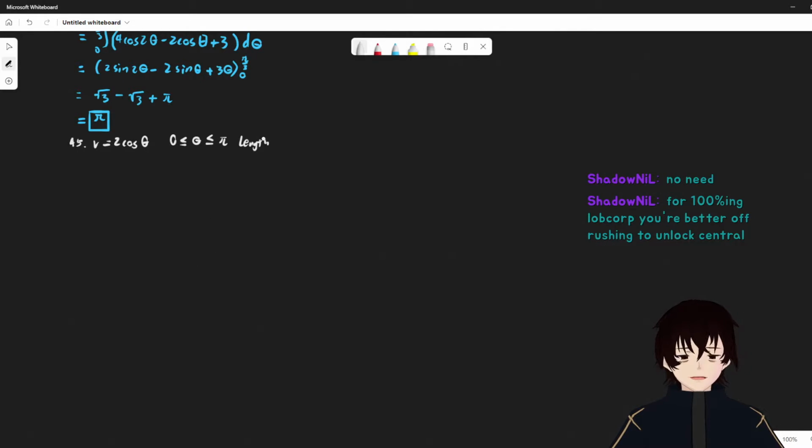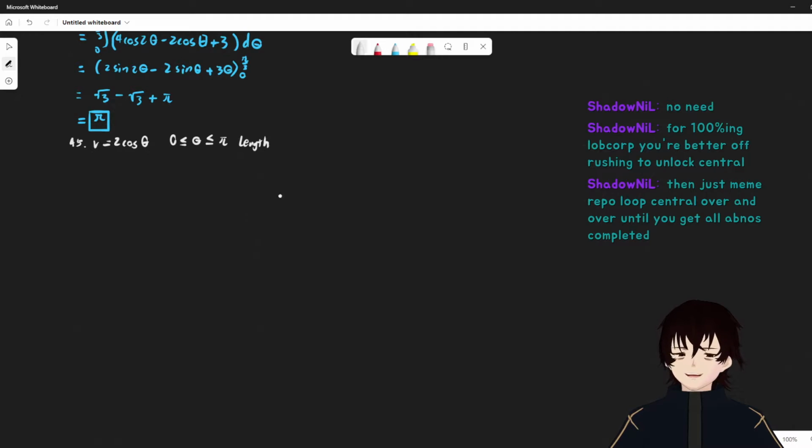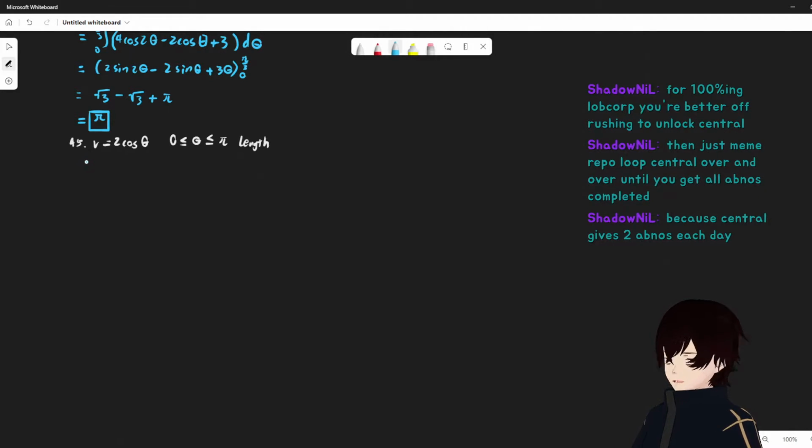So I think we won't be quite done with Lobotomy Corporation yet. Rushing to unlock Central. I remember there's a mod that doubles your abnormality count. I want to get that one. I want to get the mod that doubles your abnormalities and then try to go for 100% completion.